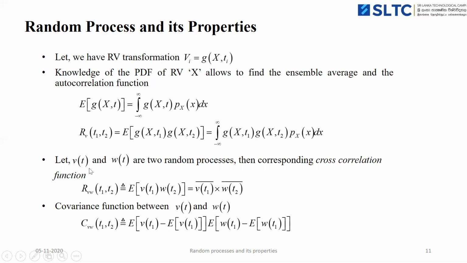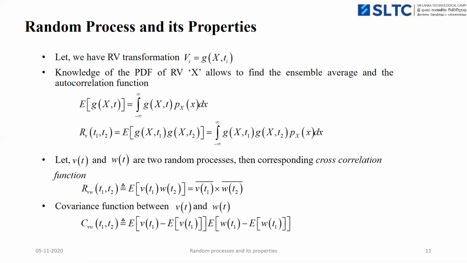Now we can take two random processes, v of t and w of t. Both are different. Then for these random processes, we can find the cross correlation function.